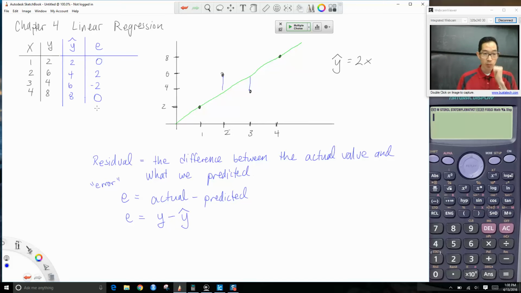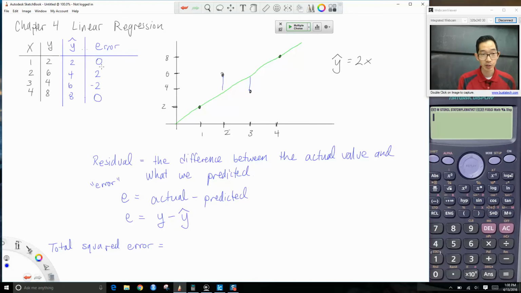And so the way we're going to evaluate how good or how well our model makes predictions is we're going to look at this error column, and we're going to square them and add them up, okay? So we're going to have the total squared error. I think squared would only have one R. Total squared error.